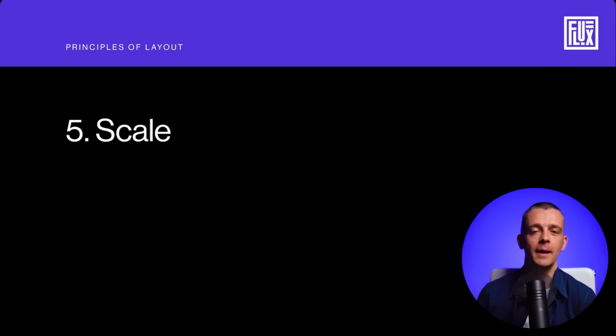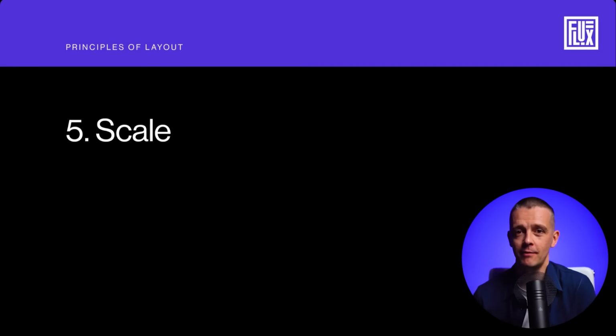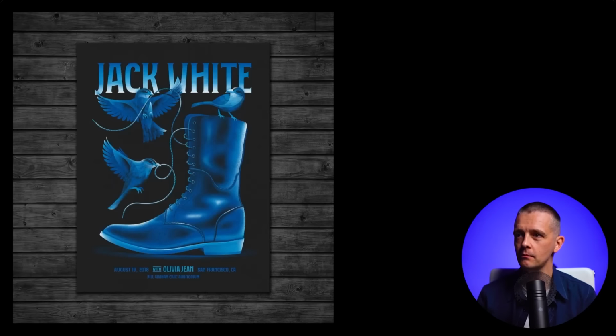Now, a good way to explain this, and Rand did a great little short on this, is if you have 3 elements that are all the same size, a more interesting way to present them compositionally is to have 1 large, 1 medium, and 1 small. So have things at different scales. That is shown in these posters by the American studio DKNG.